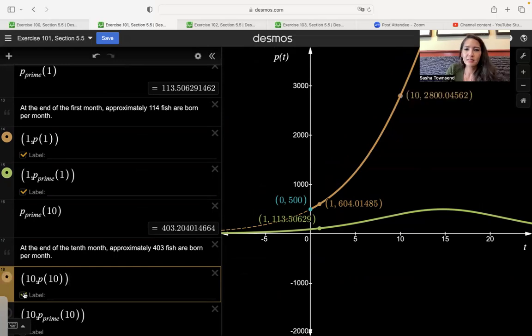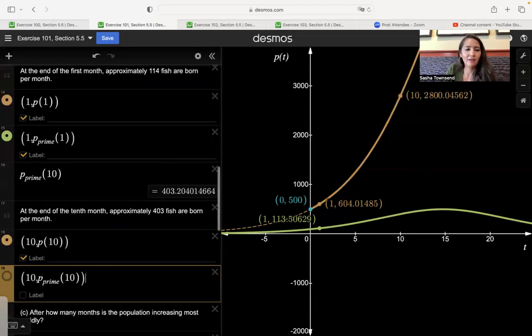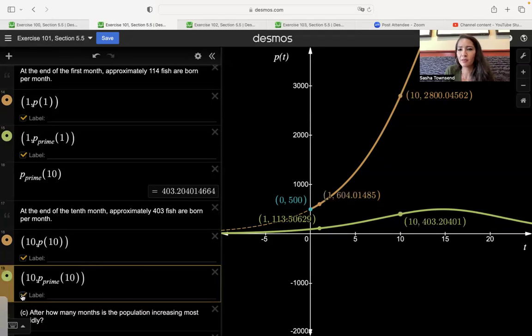Now at 10 months, there are already 2,800 fish in the population. So we've got 2,800 fish in this lake, and every month we're adding 403 new fish, or at least at that moment at t equals 10 months, we're adding an average of 403 fish per month. So that's our rate of change, and that's coming from the derivative function.